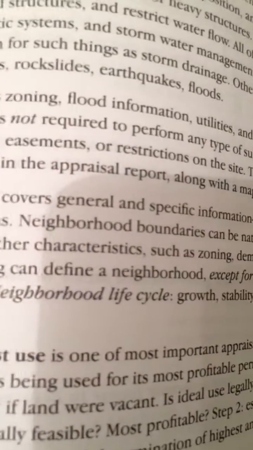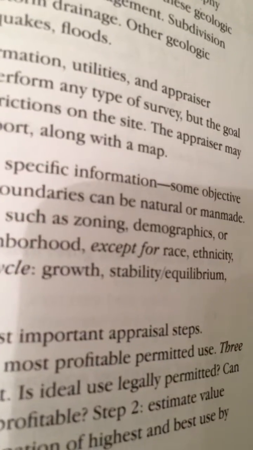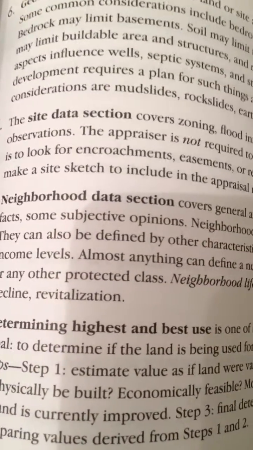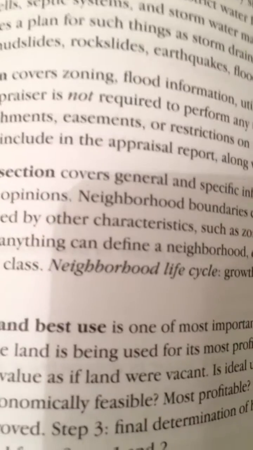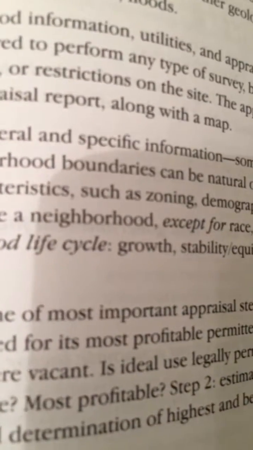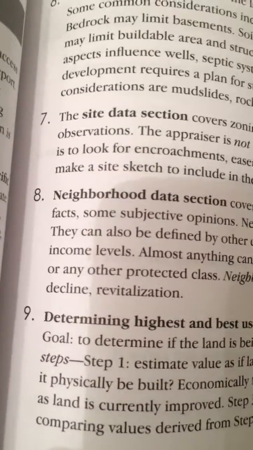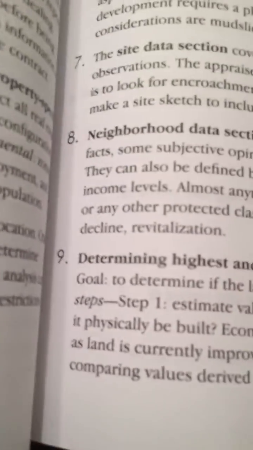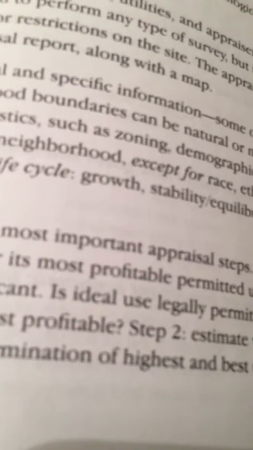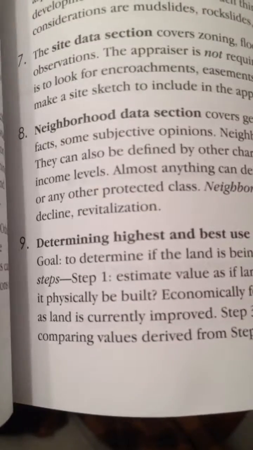Almost anything can define a neighborhood, except for race, ethnicity, or any other protected class. Neighborhood life cycle: growth, stability/equilibrium, decline, revitalization.